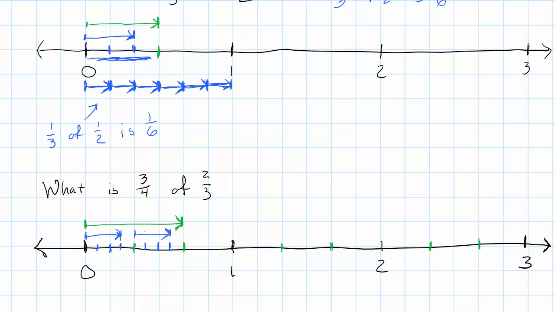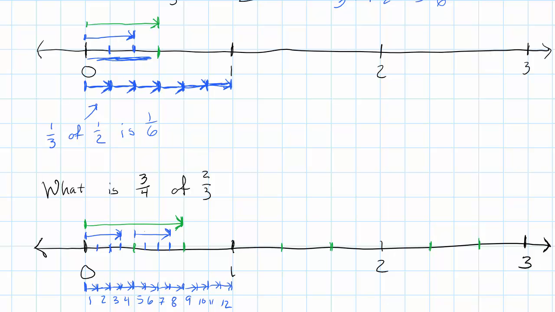Here's 3/4 of the second third. Now looking at these teeny tiny little unit fractions, we count out and see that it takes 1, 2, 3, 4, 5, 6, 7, 8, 9, 10, 11, 12 of those to make up a whole unit.